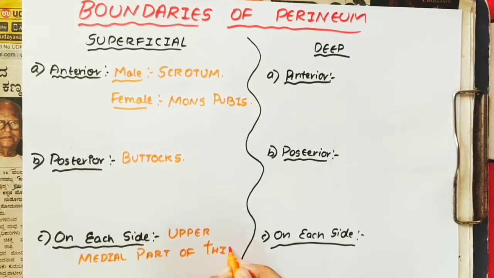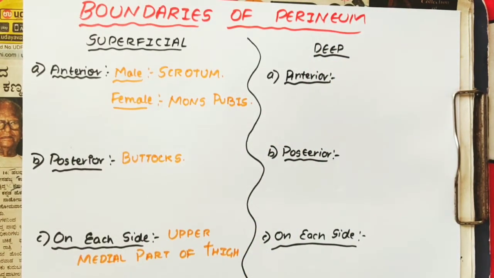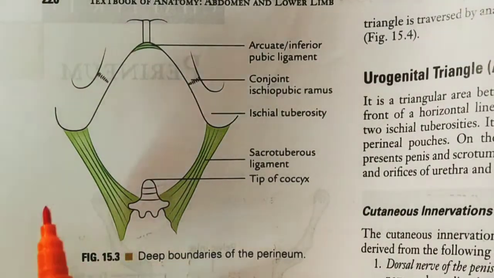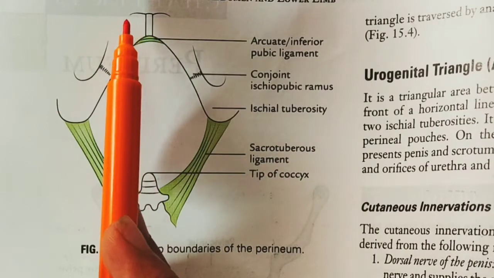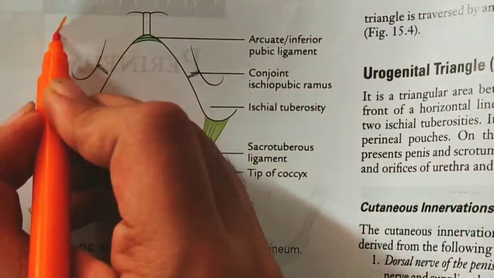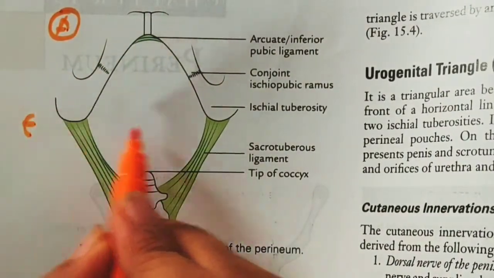Okay, now we'll look after the deep boundaries of the perineum. So this is the diagram for deep boundaries of the perineum. You can see there is a perineal arch present here. This is the anterior, this is posterior side, and this on each side.